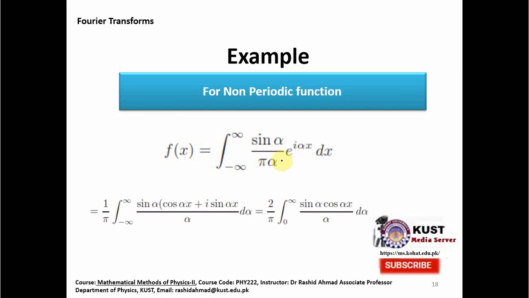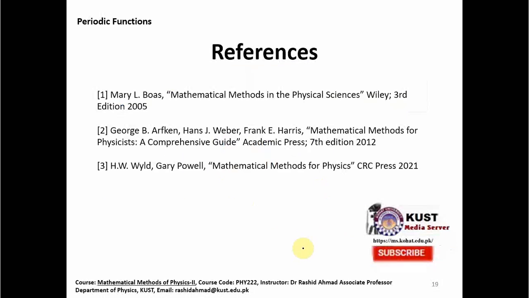And if you again try to simplify this, after the simplification you can see that this integral emerges over here, and this integral can be easily solved as well, in order to get the complete value of f of x.